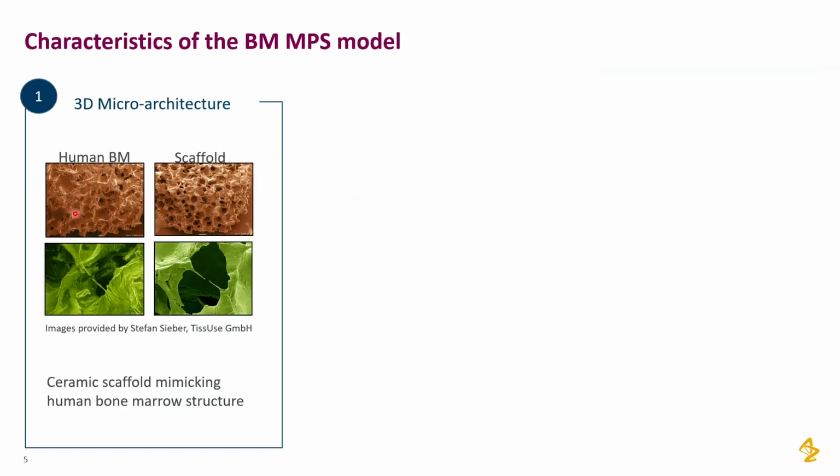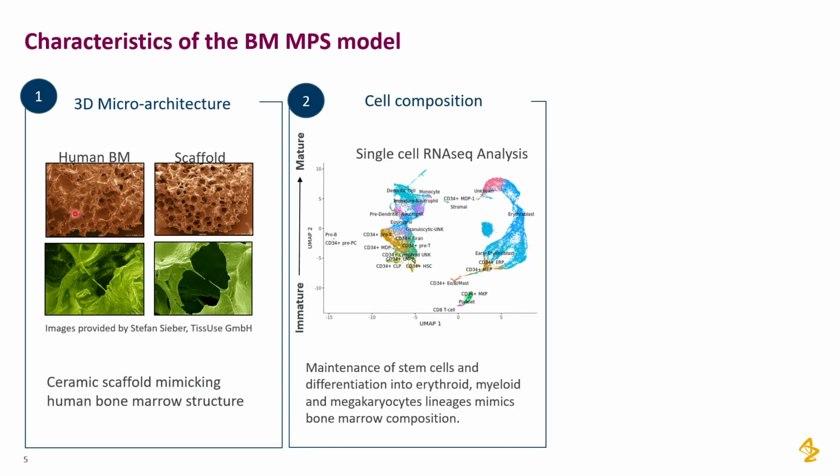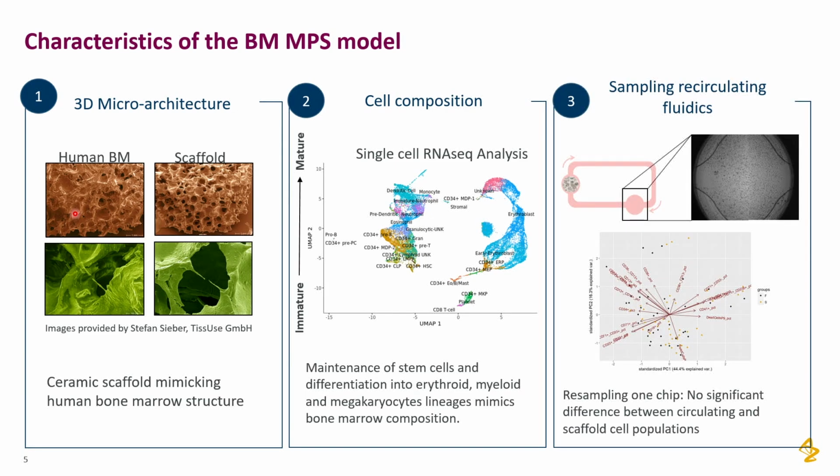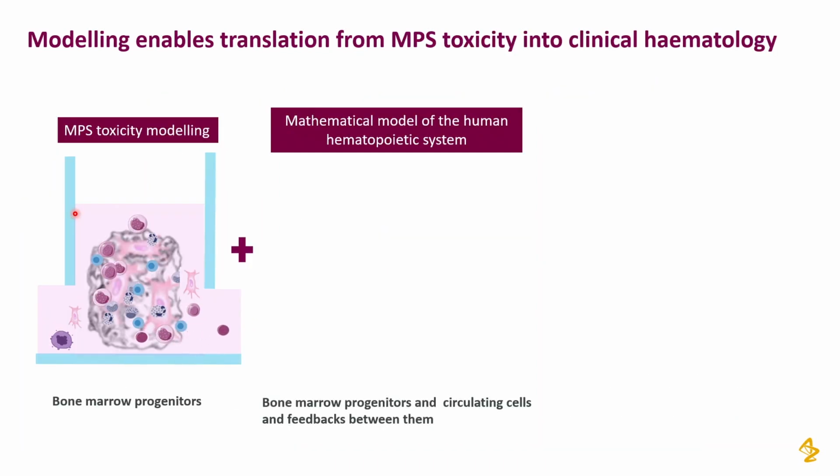You have seen this in Rhiannon's presentation: the scaffold has a similar microstructure to the human bone marrow. It also has the same cell composition, and we sample the recirculating fluidics, which increases our sampling capacity, because we can keep a chip over time, so we don't need to use one chip for every sampling time.